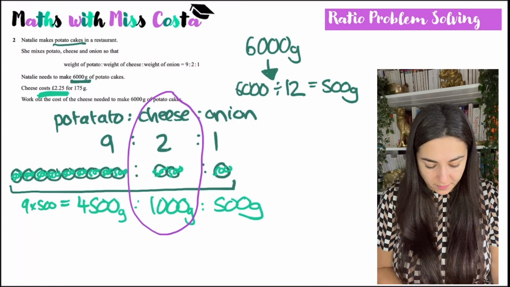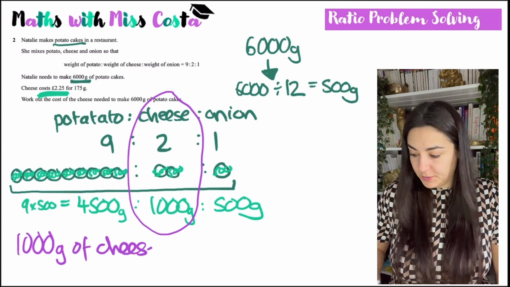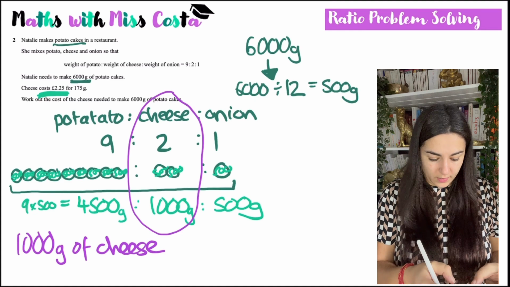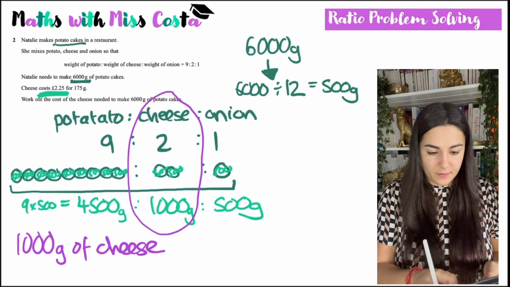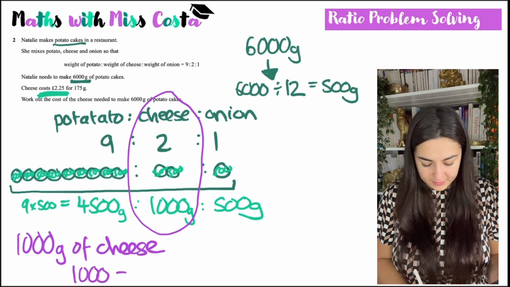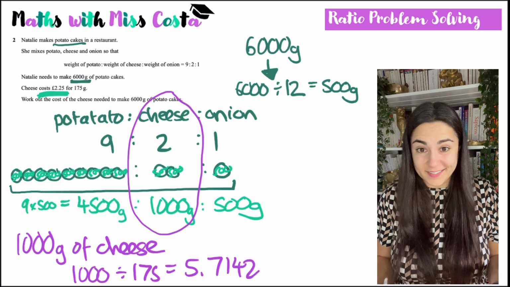So I need 1,000 grams of cheese. So I could do 1,000 divided by 175, which means I need 5.714285 lots of this.